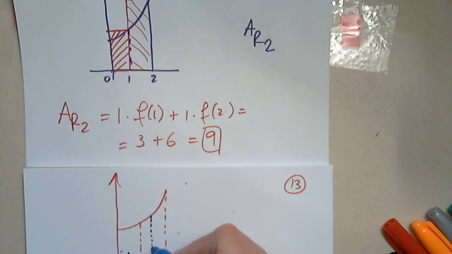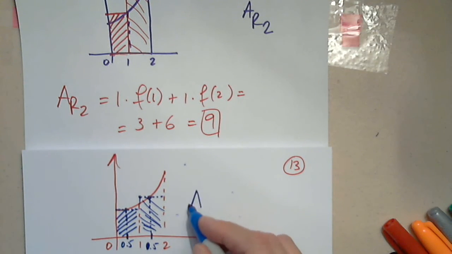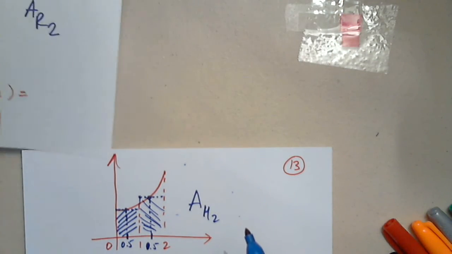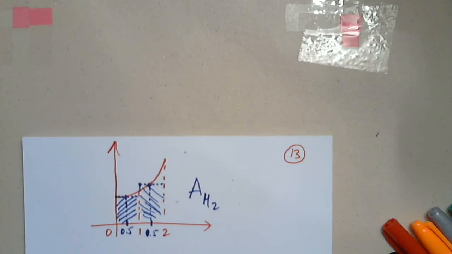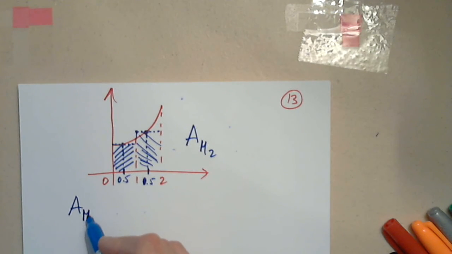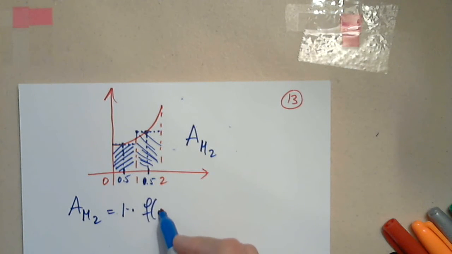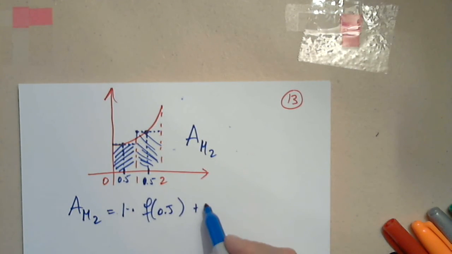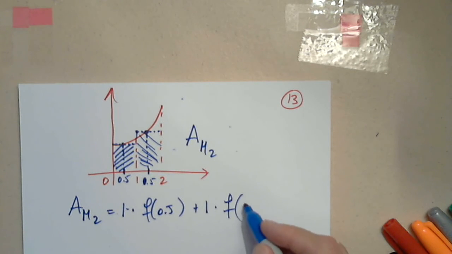I will draw the height for that point and create for that height a rectangle. For that height, where it meets the graph of the function, I will create another rectangle. Now this will be the area with M2, the midpoint. And that AM2 will be base 1 times height f of 0.5, plus base 1 times f of 1.5.